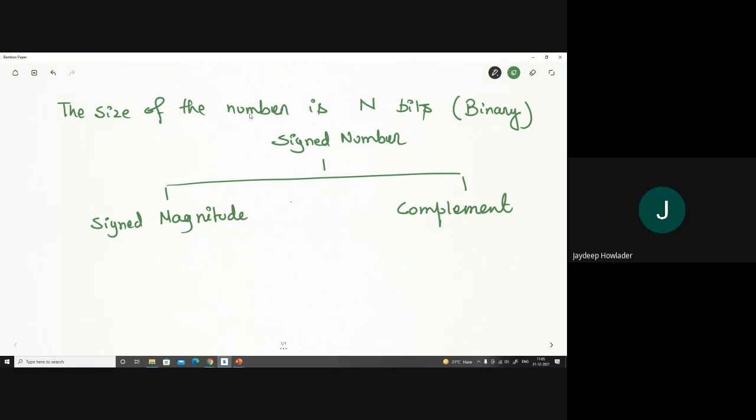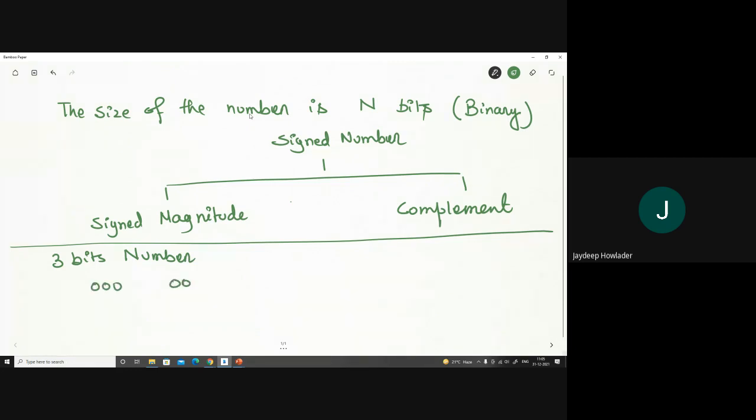So we have a 3 bit number. A 3 bit number runs from 0, 0, 0, then 0, 0, 1, 0, 1, 0, 1, 0, 0, and let me write it in this way.